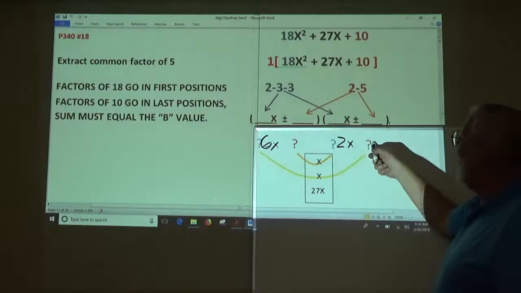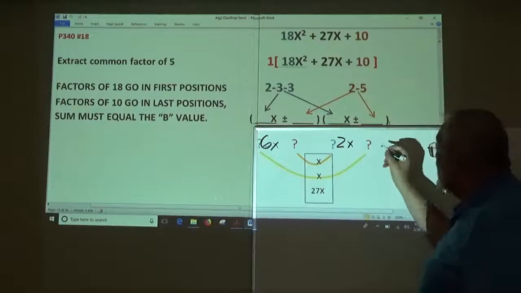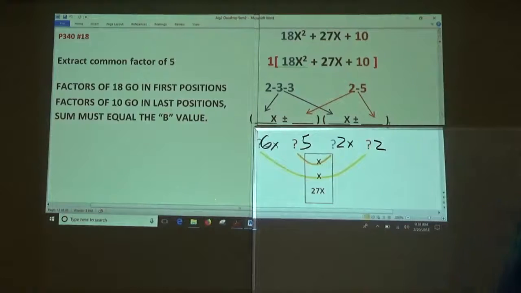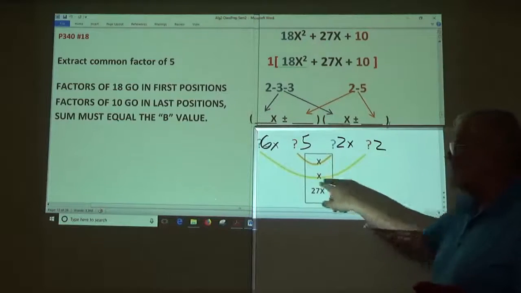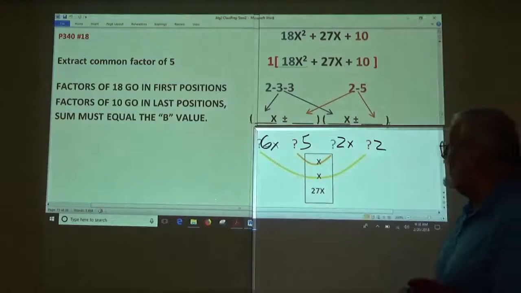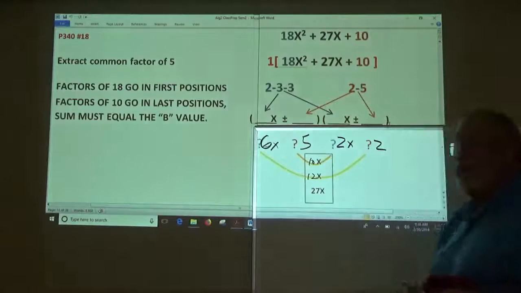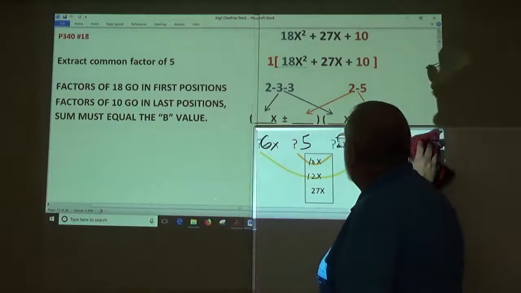Now, if I put the 5 here, I'm going to have how much? 5 times 6? 30. That's going to be too much, isn't it? So I might as well try the 2 here and the 5 here. Now, what happens? How much is this? 2 times 6? 12. So this is 12, and this is 10. Total is 22. Doesn't work, does it? Okay, so that means we have to try something else.